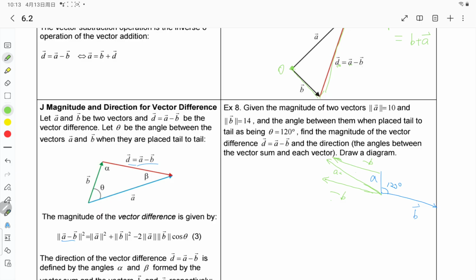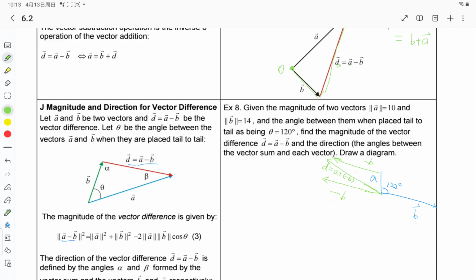This is A plus negative B here. Alright. So draw the difference vector D. This is D, and the direction, and draw a diagram. I think this is a diagram.